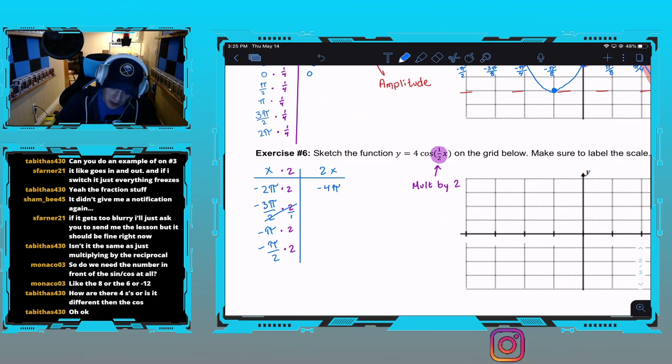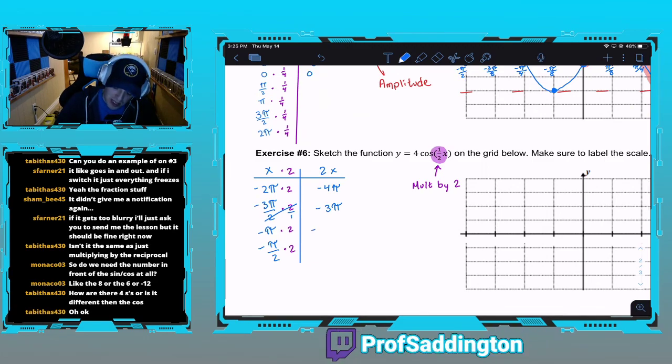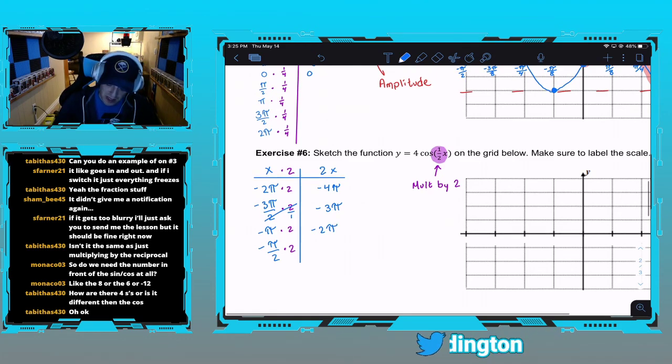So really, we're just going to be left with negative 3 pi. If we do the next one, negative pi times 2 is negative 2 pi. And I'm guessing you guys are noticing the pattern now, because when you go to multiply the next one, the 2's are going to cancel out, and you're left with negative pi.